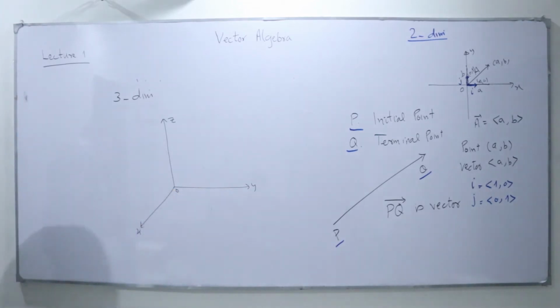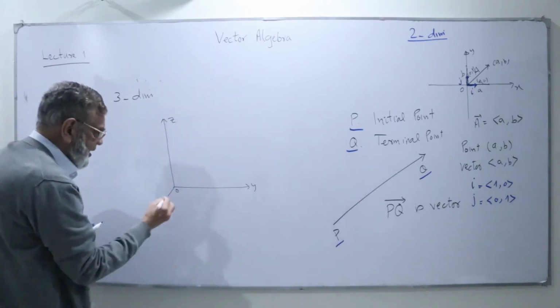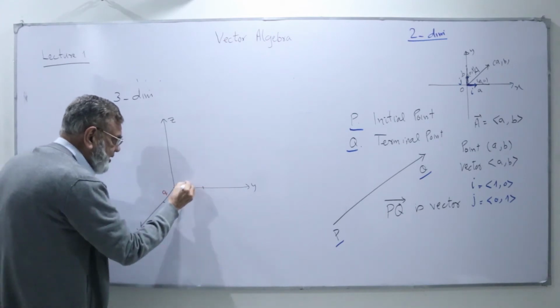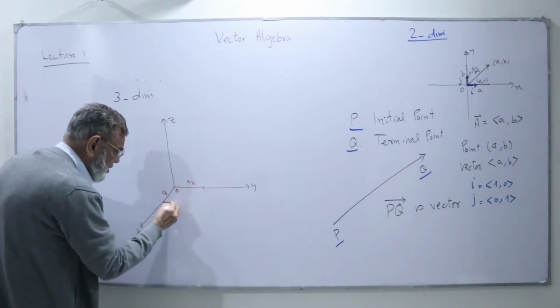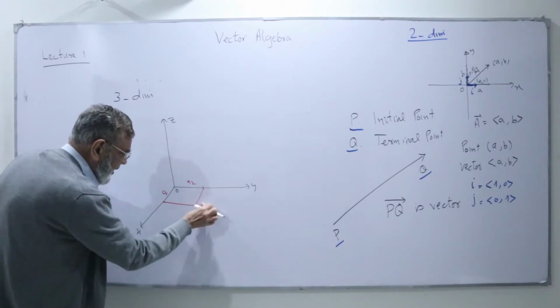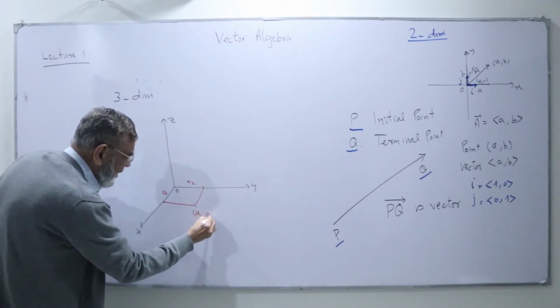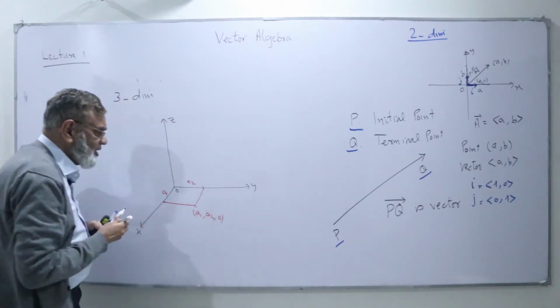I want to take a point in the xy plane. For example, this length is my a1 and this length is my a2, parallel to the x-axis and y-axis. This point is (a1, a2), and the z value is 0.